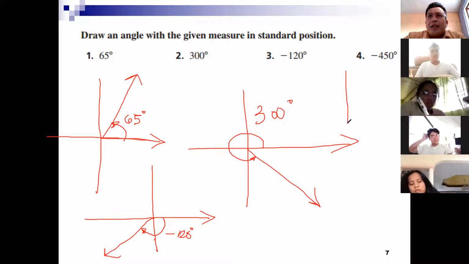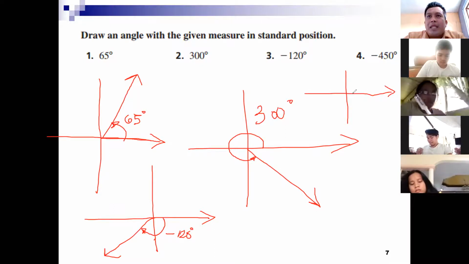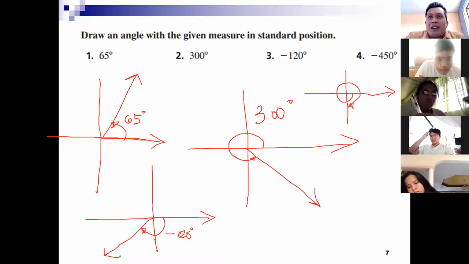Last number 4, since this is more than 360 degrees, so from the positive abscissa turns clockwise direction being the given negative. So until here is 360. Subtract 450 by 360, you'll get 90 degrees. So we have to go 90 degrees more. So this is your negative 450 degrees.